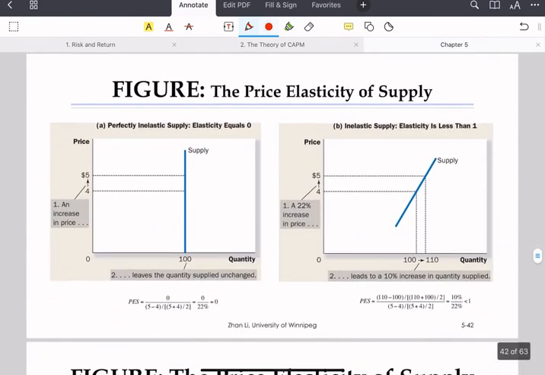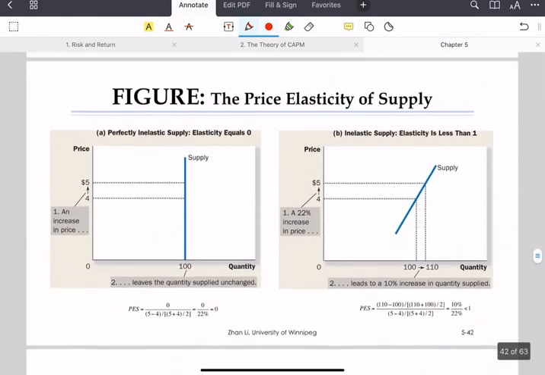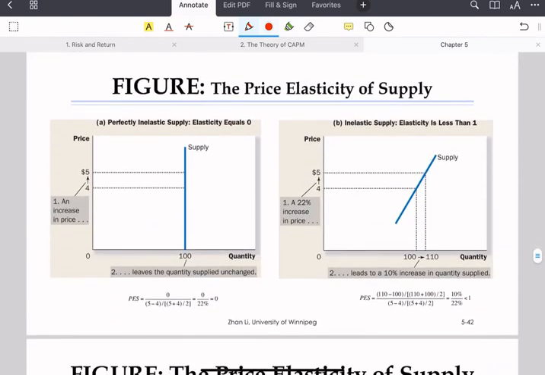let's see how we could calculate the price elasticity of supply, and let's also see how the slope of the supply curve is related to the price elasticity of supply. So let's see the first picture, right?